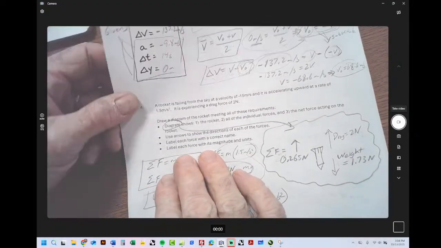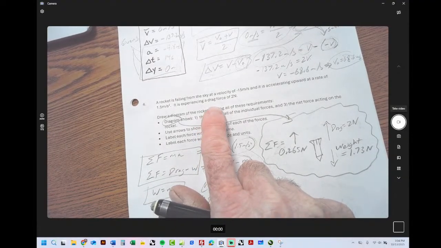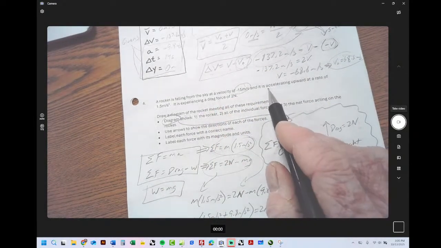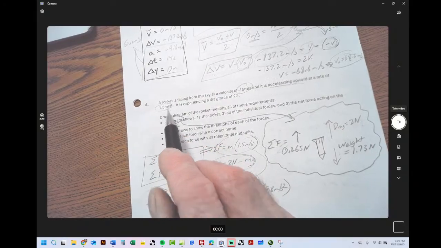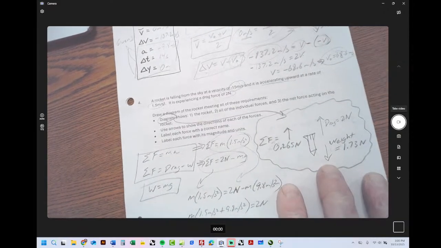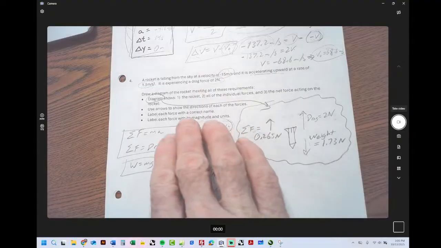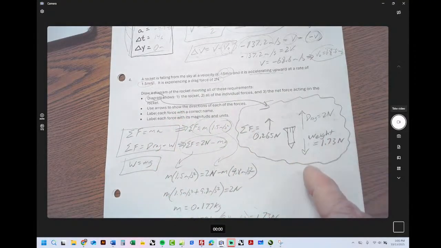So number 4, you're given the rocket, you're given its velocity, and it tells you the direction of the acceleration and the magnitude of the acceleration, and it gives you a drag force, and it requires you to draw a diagram showing all the forces acting on the rocket, and you've got to label things and do things in a specific way.